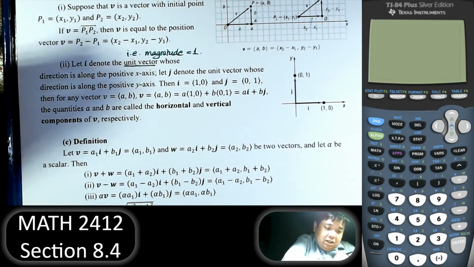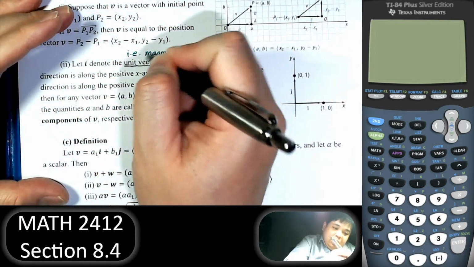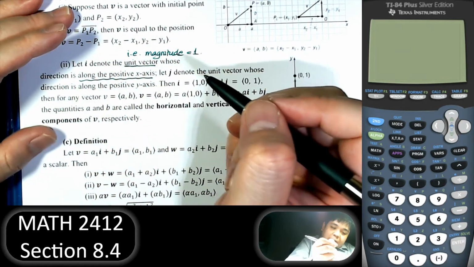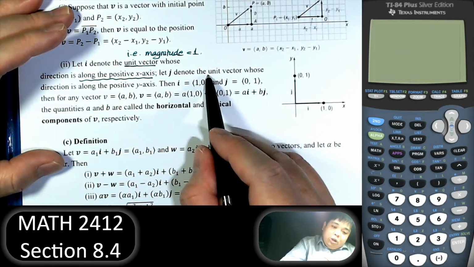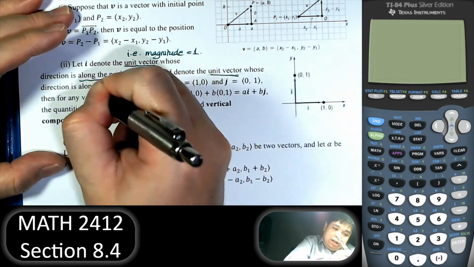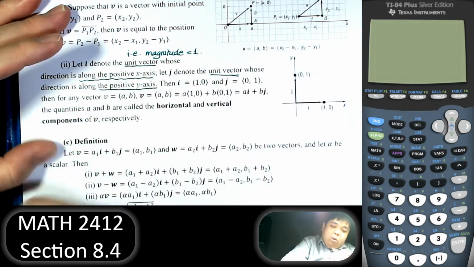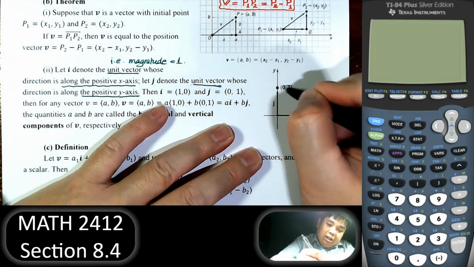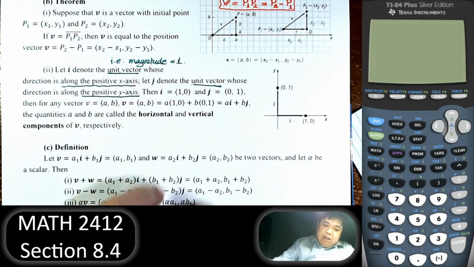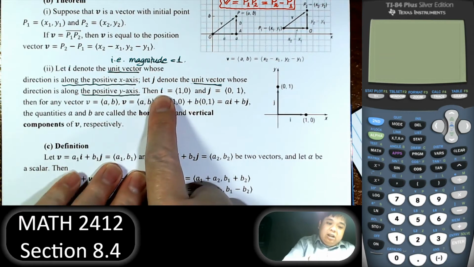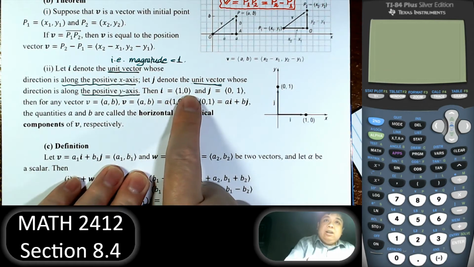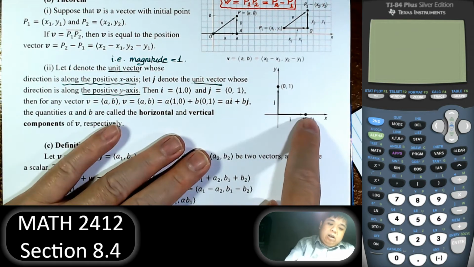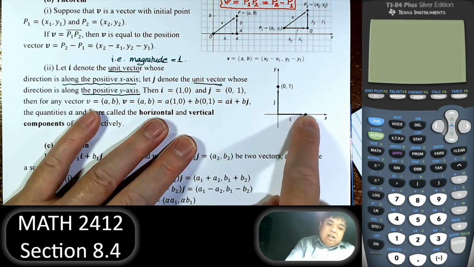And i is the unit vector along the positive x direction, and j is also a unit vector in the positive y direction. So in that case we say the vector i is equal to the point (1, 0), the component of 1 and 0. So 1 on the x-axis and 0 on the y.